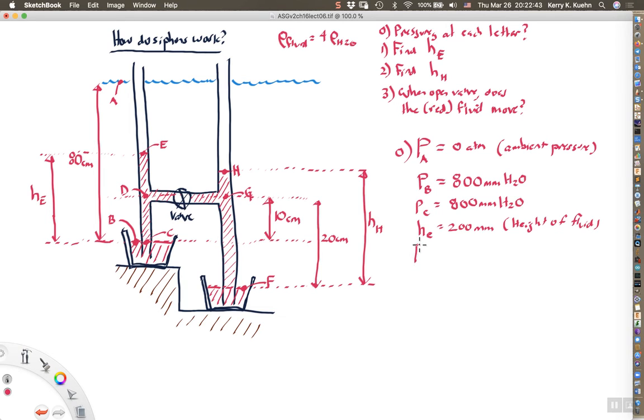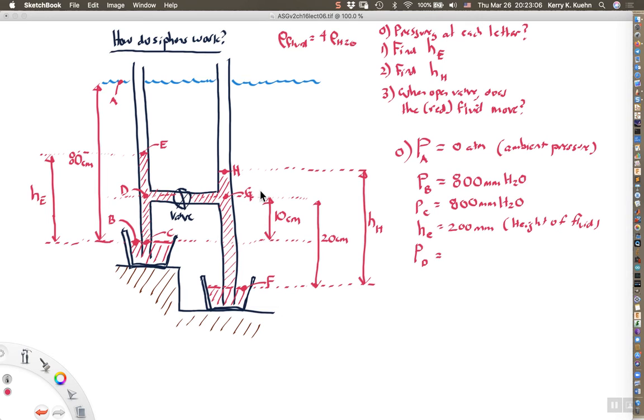What's the pressure at point D? The pressure up here. Well, we know that the distance between this level right here and this horizontal tube is 10 centimeters, right? So we know this is 10 centimeters.